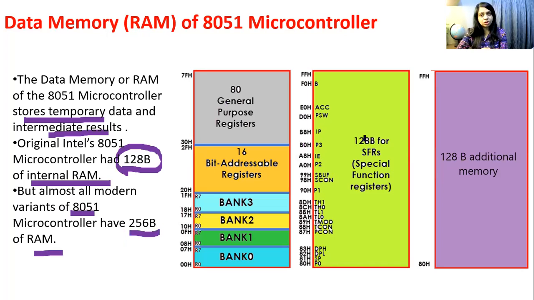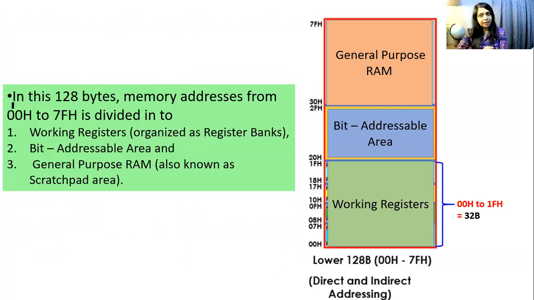So here the structure of RAM is shown. We'll see one by one. Let's start with this. In the original 8051 microcontroller, there are 128 bytes of internal RAM. This 128 byte memory has addresses from 00 to 7F.